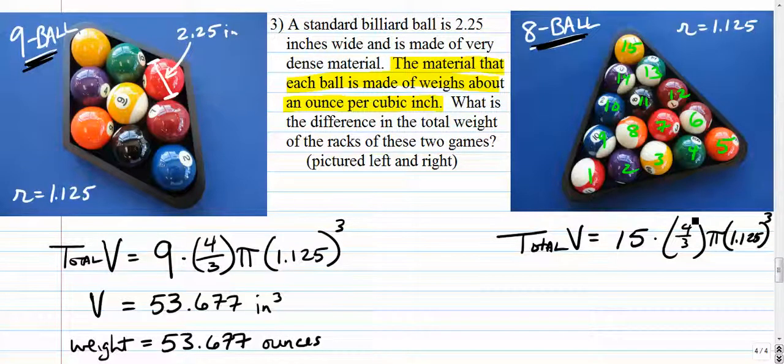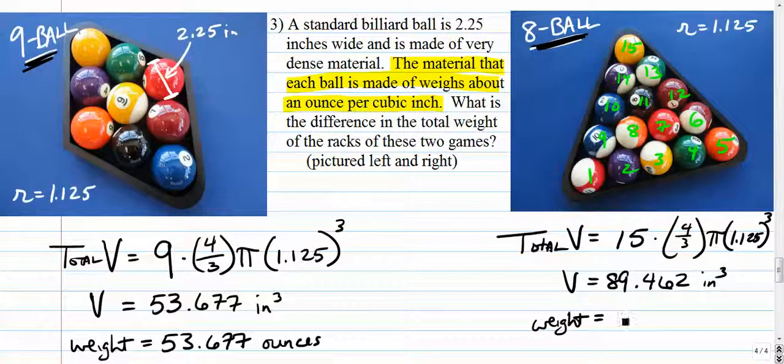You just type that in and see what you get. Looks like I get 89.462 cubic inches. So that's volume. Each cubic inch weighs about an ounce, so the same in ounces. And in pounds, it's about 5.6 pounds.